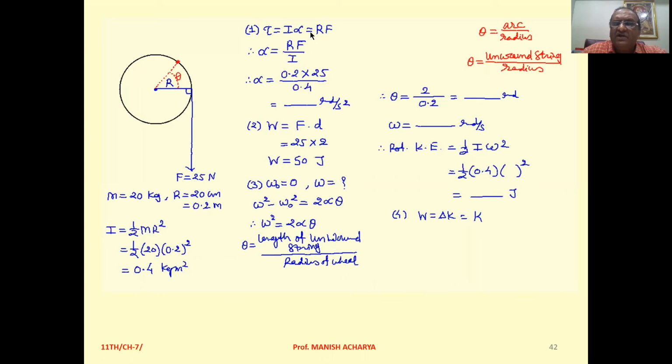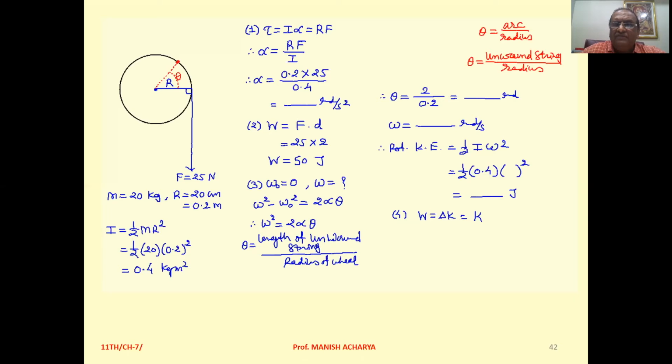So we can write torque tau as R into F also. So here, make alpha the subject. So alpha is RF upon I. Substitute the values. R is 0.2, F is 25, and I is 0.4. Solve this one, you will get alpha.